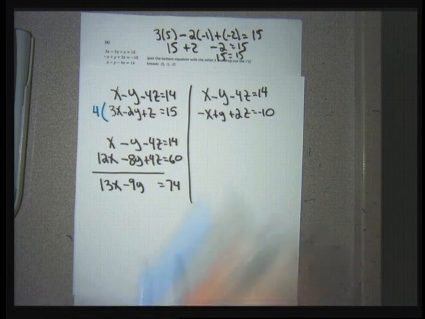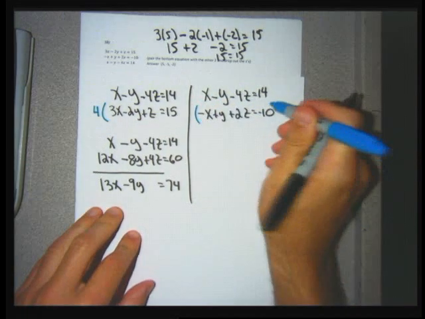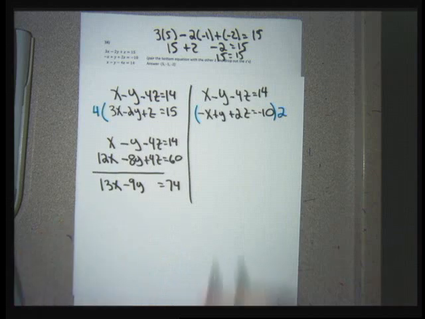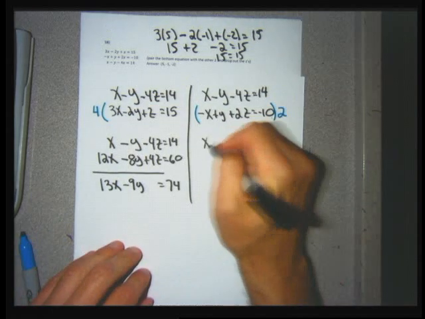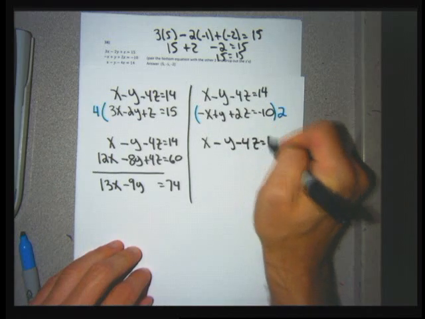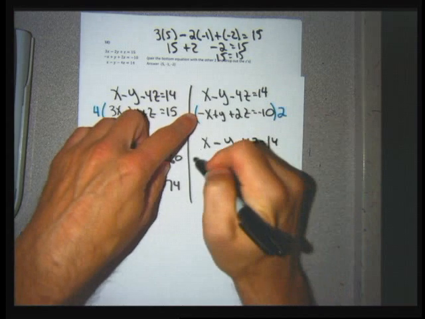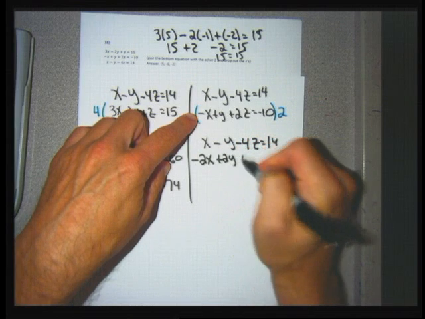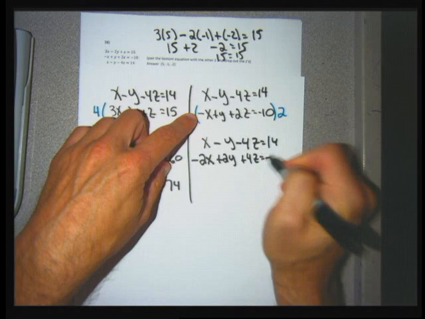Another step here, do the same thing with this. I'm going to drop out the z's by making a positive and a negative 4z. I'm going to leave the x minus y minus 4z alone. Multiply here by 2, get negative 2x plus 2y plus 4z equals negative 20.